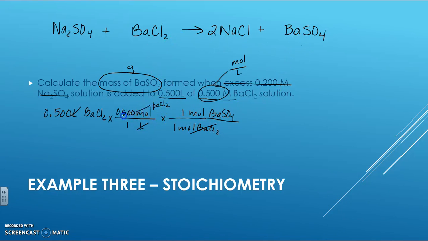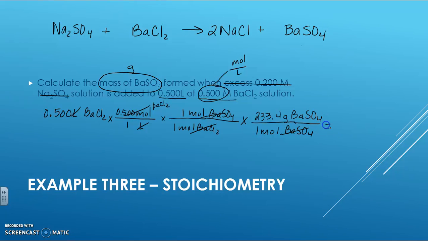Okay? That cancels there. And then they don't want moles, they want grams, so we've got to keep going one more step. Moles of BaSO4 and grams of BaSO4 here, and the mass of BaSO4 I think is 233.4. Okay.